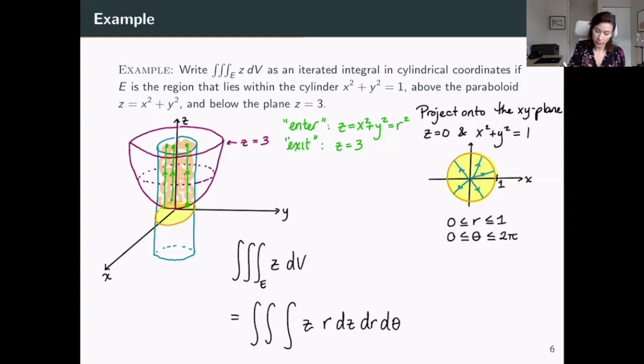So we're always going to have that we're ranging from r squared up until that exiting value of z being equal to 3. For our r values, they are going to be ranging between 0 and 1. So we'll have 0 to 1 here. And then for our theta values, they'll be ranging from 0 to 2 pi, giving us an iterated integral in terms of z, r, and theta.